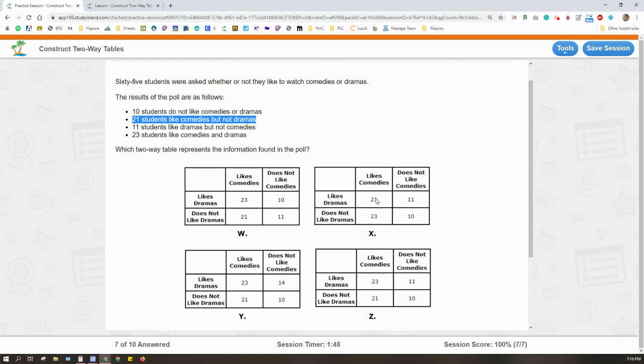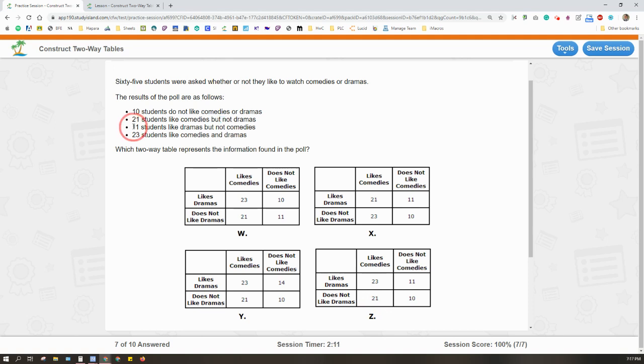This one has a 21 in the likes comedies column, but that 21 is in the likes dramas row. We want them to like comedies, but not dramas. So there's a 23 in that spot for table X. Table X is not going to be the answer. But Y and Z both have a 21 in the appropriate place. So now we're down to Y or Z as an answer to this problem.